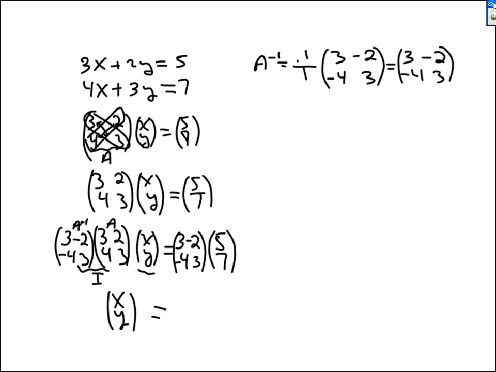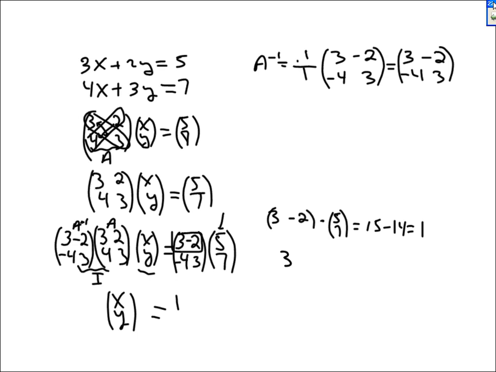What's the right-hand side? Dot this row with the only column in the other matrix. You get 15 minus 14, or 1. I put that in the 1, 1 position.